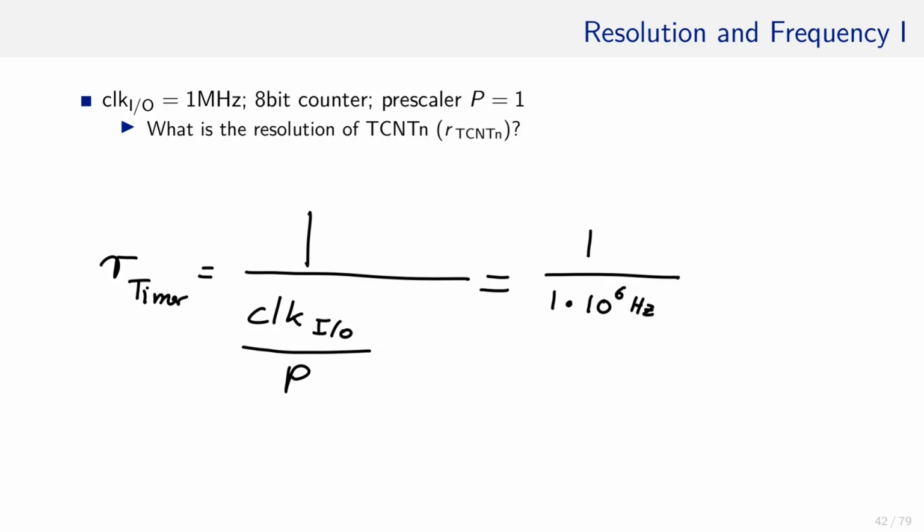That is the prescaler. That equals 1 into 10 to the power of minus 6 seconds, which is 1 microsecond.